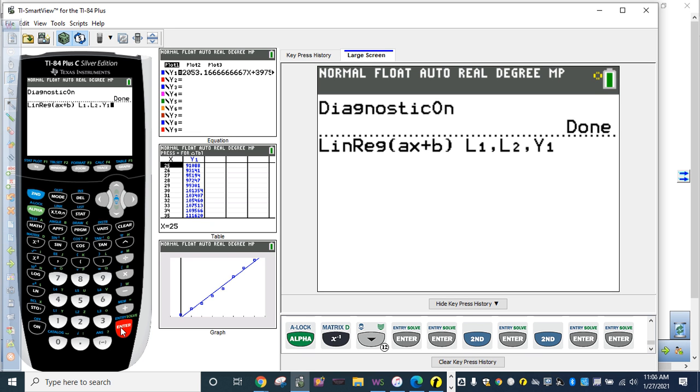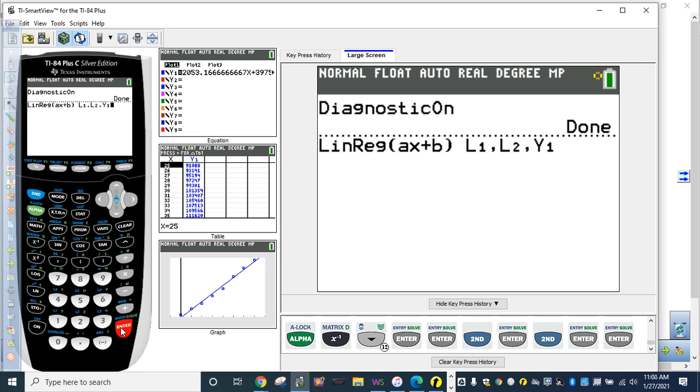It still does that annoying stat cal 4. Oh no. Was that on there before? Yeah, it was. Okay, so you go down here. Right arrow to y bars. And then enter 4 times.